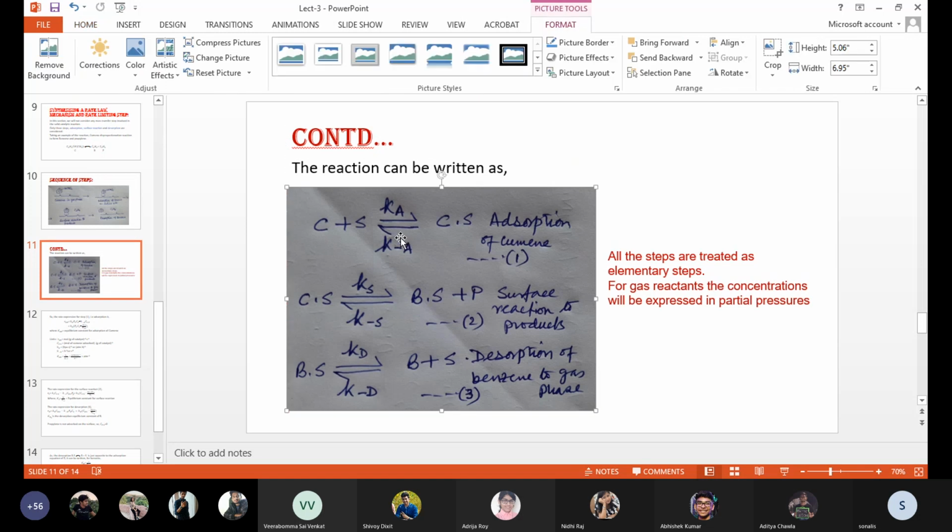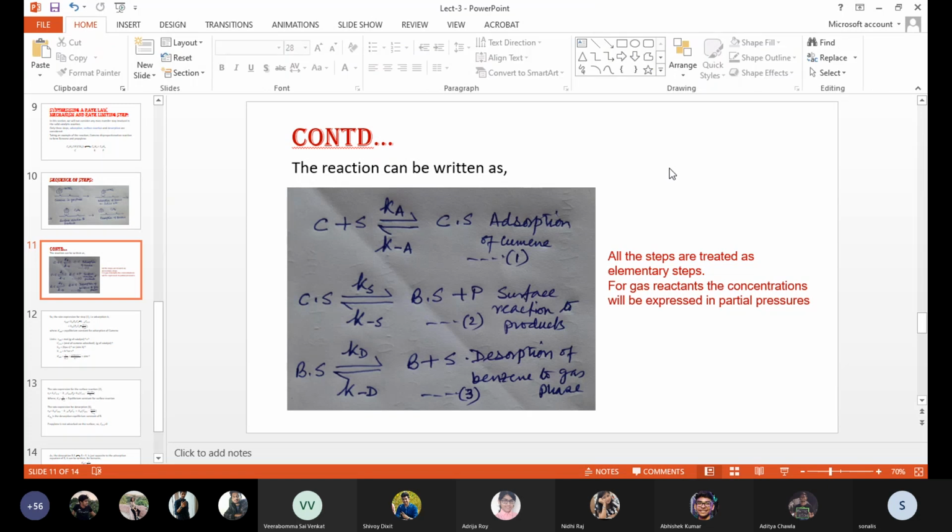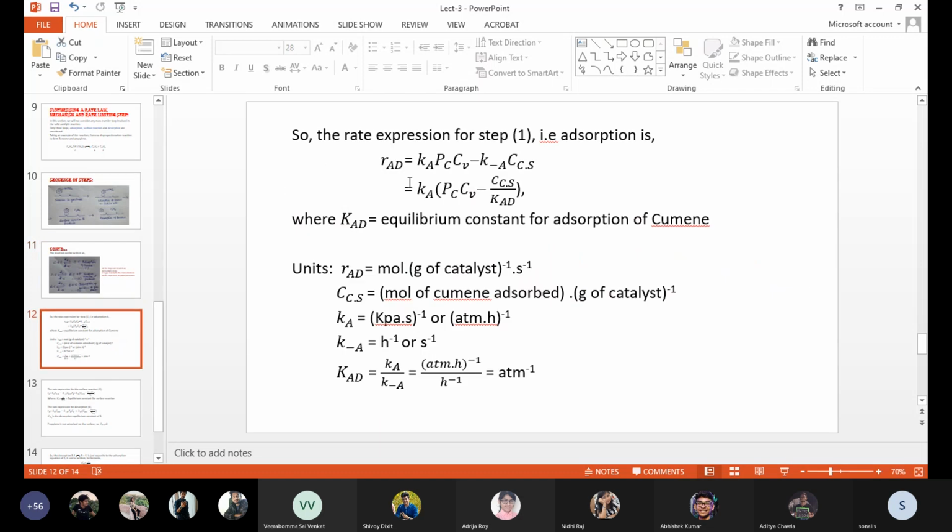Rate of adsorption is small ka PC CV minus k of minus a C dot S. Look, the rate of adsorption of cumene is small ka into PC CV minus k of minus a C dot S. So similarly, if you take out the small ka, you will get the expression with the adsorption equilibrium constant.